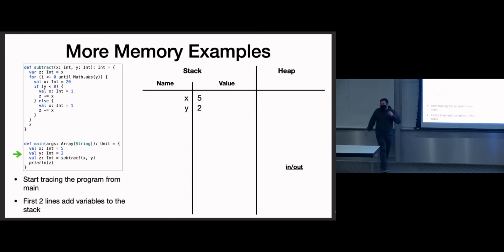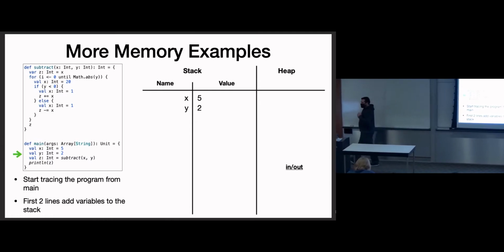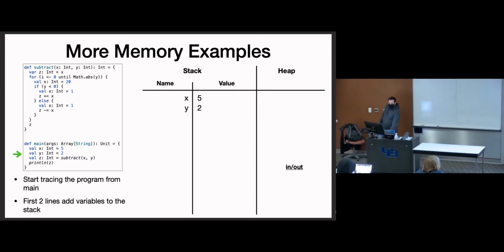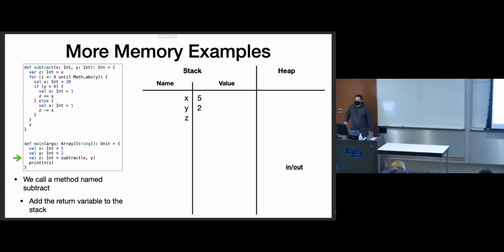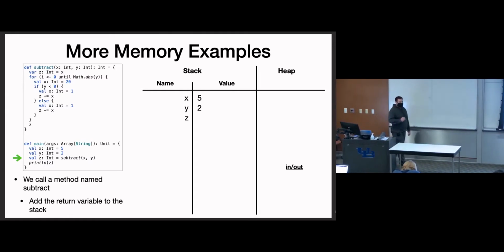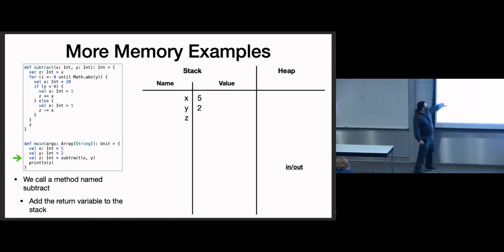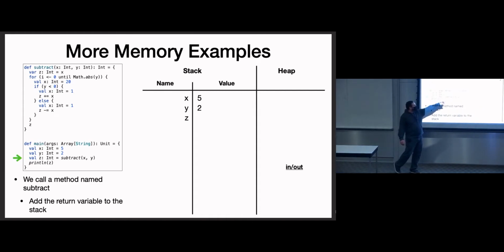Next, still might be a little bit fuzzy. We've seen it a few times. But a method call. Whenever we have a method call, that's going to create what's called a stack frame. So first, we're going to put the return variable, wherever we're putting the return value of this method call, we're going to put that name on the stack, but we don't know its value quite yet.